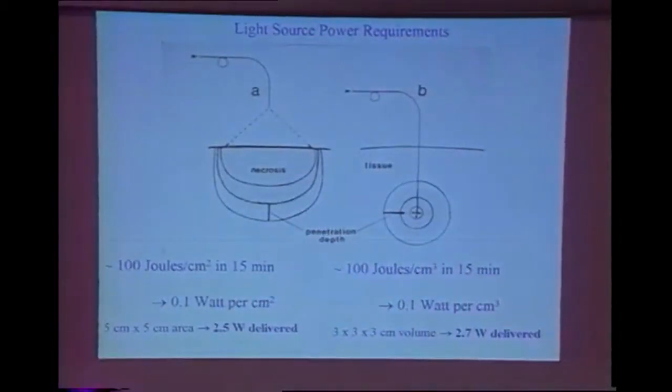Similarly, in the interstitial case, let's say you have a 3 centimeter by 3 centimeter by 3 centimeter volume, something like the prostate, you would also need 2.5 watts. So in general, at least for cancer treatments, it's much less for infection, but for cancer treatments, you need a few watts of light at the right wavelength, delivered in the right way.